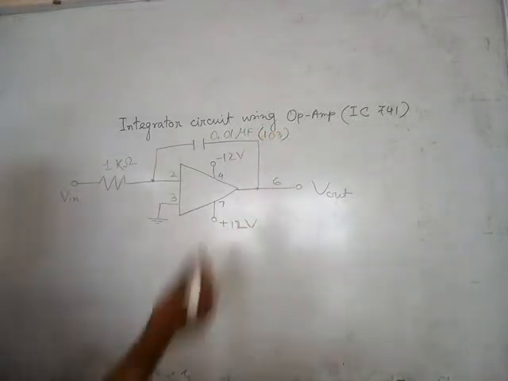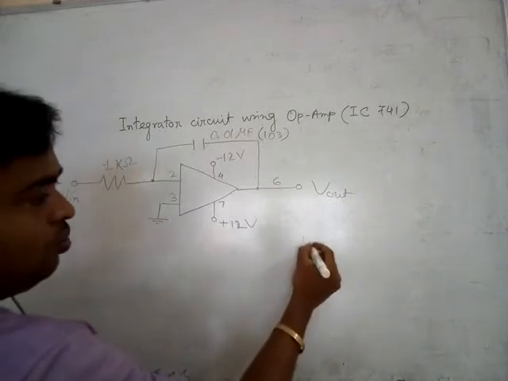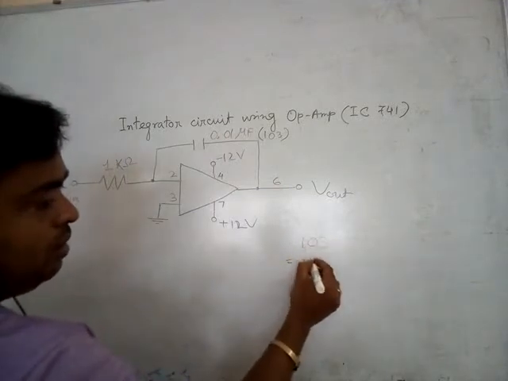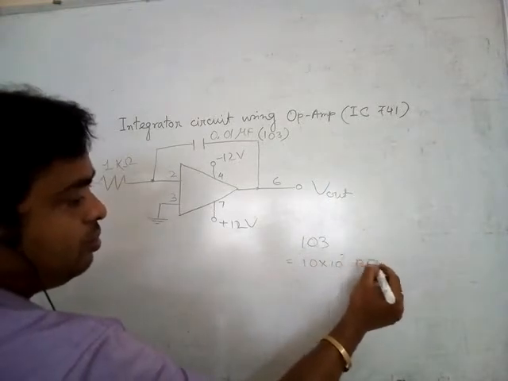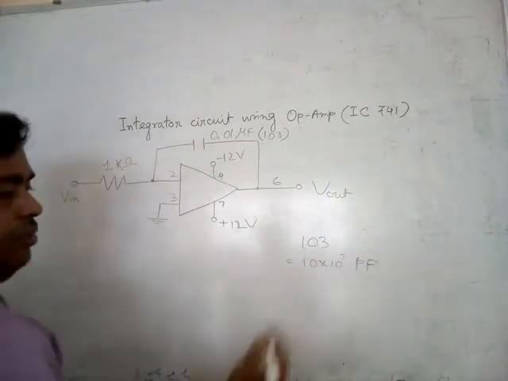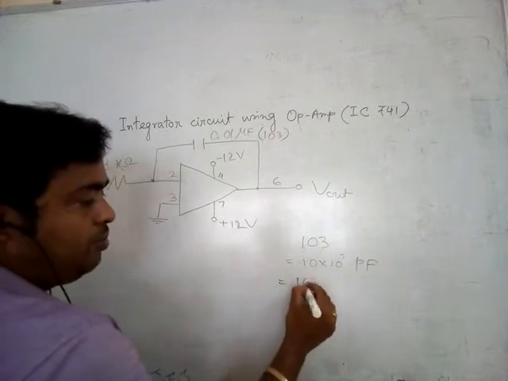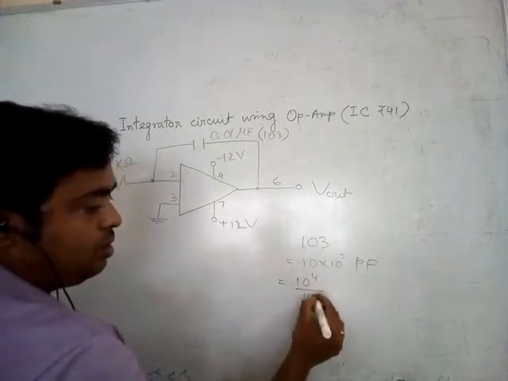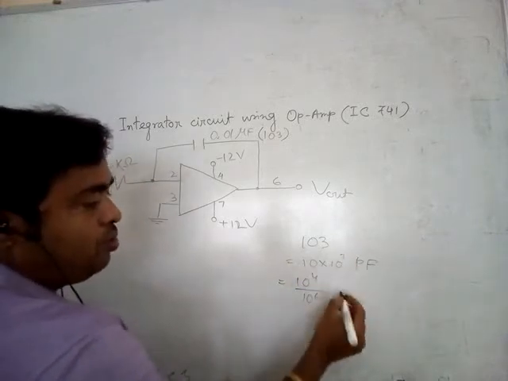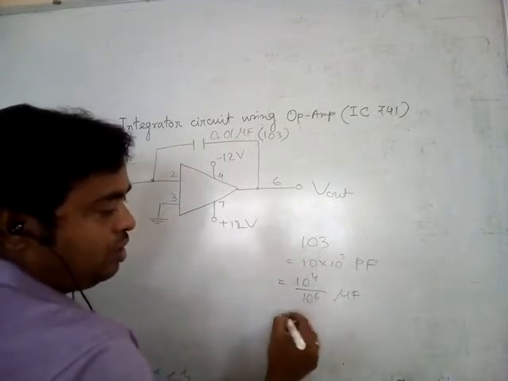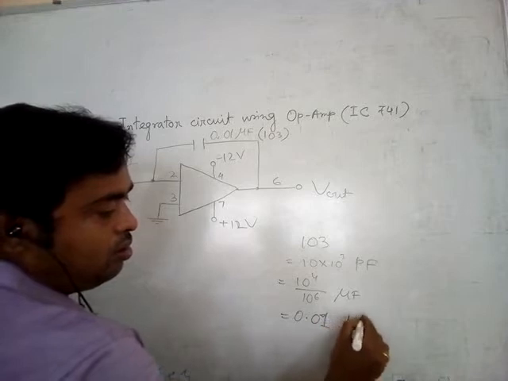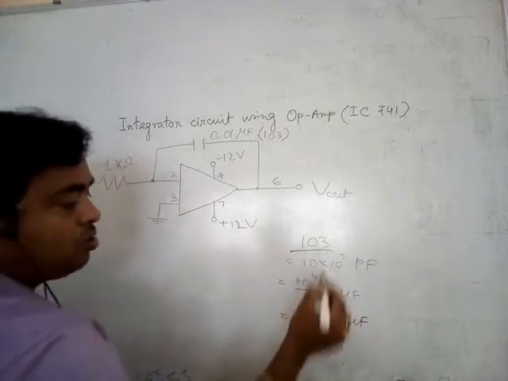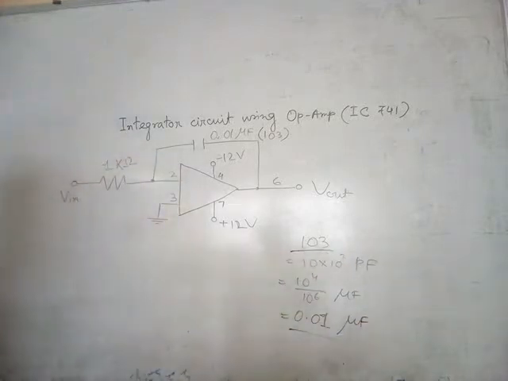How can you calculate 103? 103 means 10 into 10 to the power 3 picofarad. If we convert it to microfarad, we divide 10 to the 4 by 10 to the 6, from pico to microfarad. So the value is 0.01 microfarad. So 103 is called 0.01 microfarad.